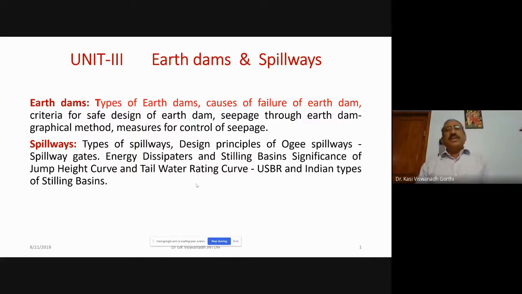Then we have seen the factors of safety, stability analysis of the gravity dam, then low dam, high dam, then elementary profile of a gravity dam, practical profile of a gravity dam, followed by the galleries and construction joints in the gravity dam. After which we worked out one or two problems also on the gravity dam, which finishes the major analysis part and other parts relating to the gravity dams.